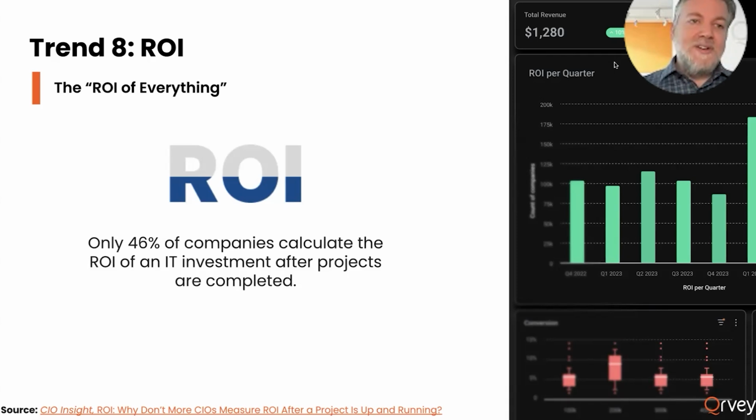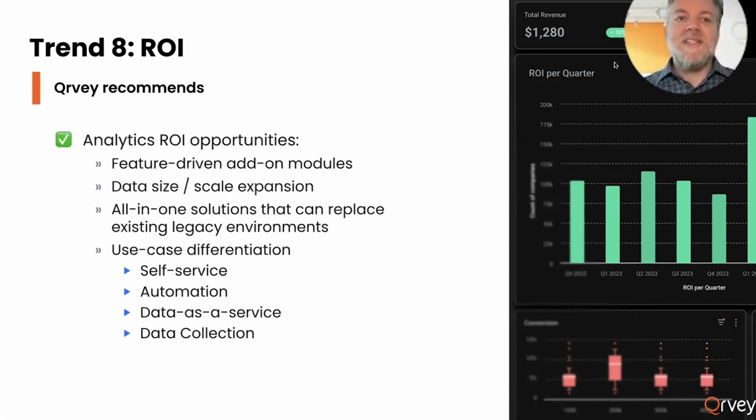And so being able to track and map the ROI of everything is going to become increasingly important, particularly for any new initiatives that you choose to start around data or around analytics within your software solutions.